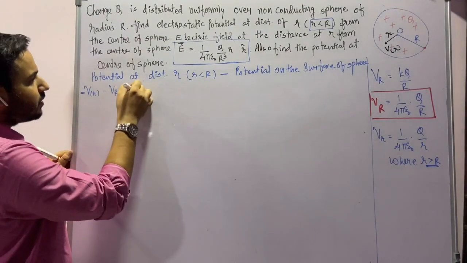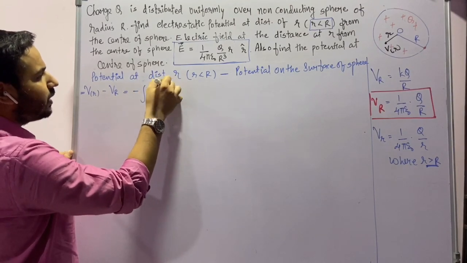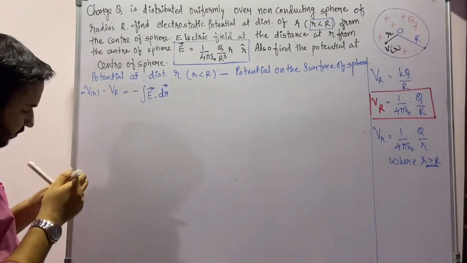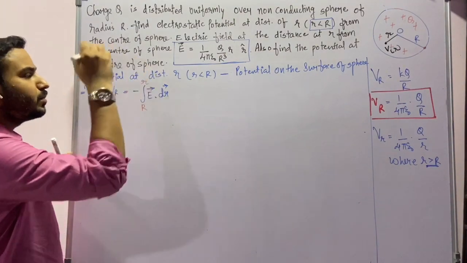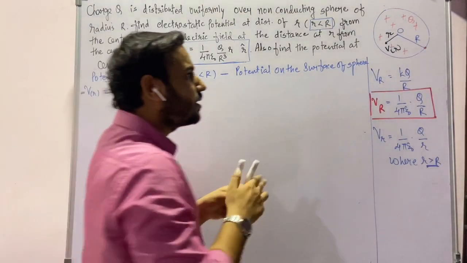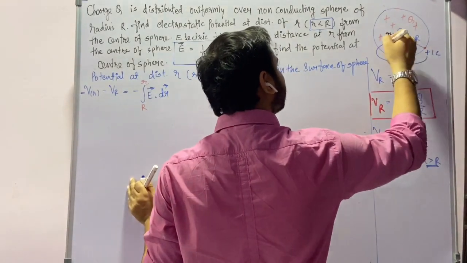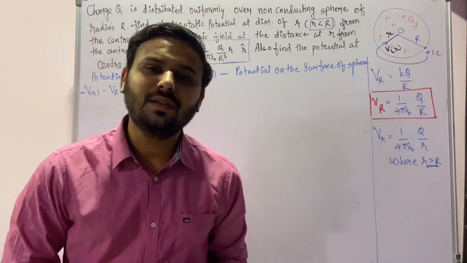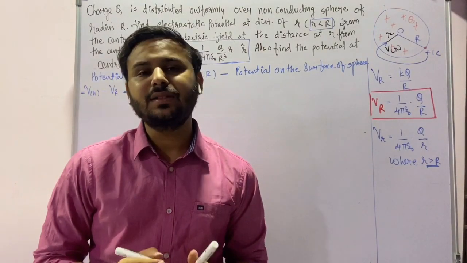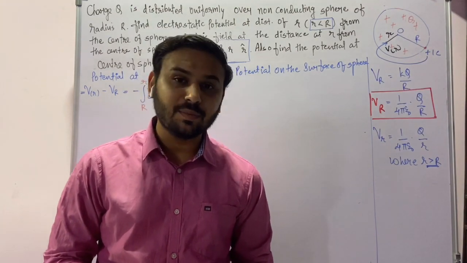This can be written as minus integration of E dot dr, from where to where? Capital R to small r. I am displacing a plus 1 coulomb from here to here. The path is not important. This is basically a conservative field. The electric field is a conservative field, so the path is not important, only the final and initial positions are important.